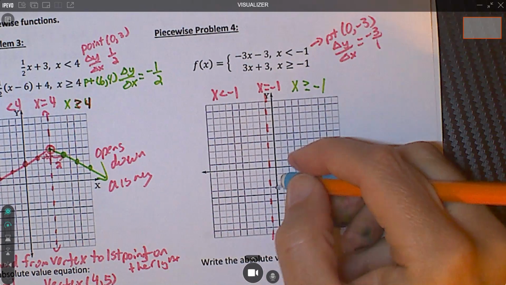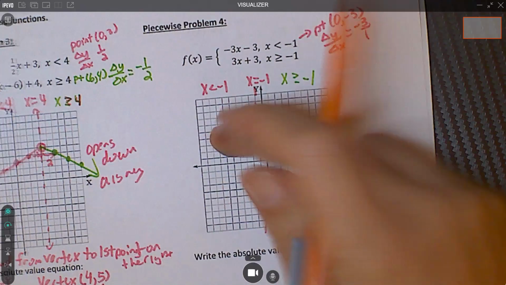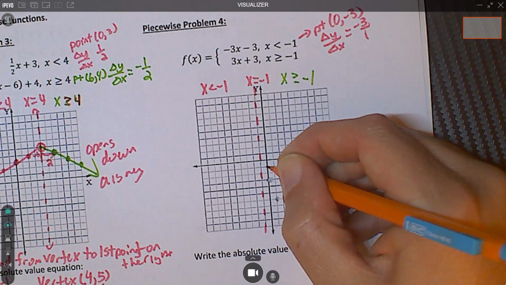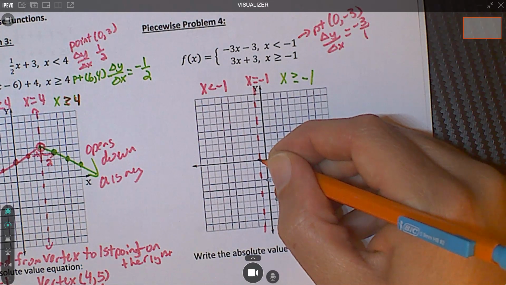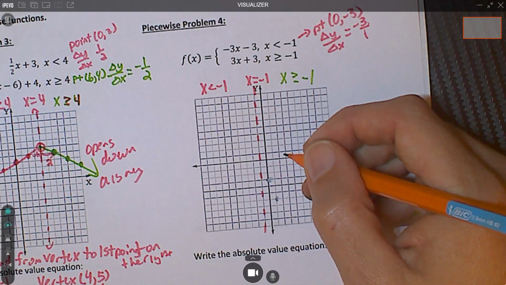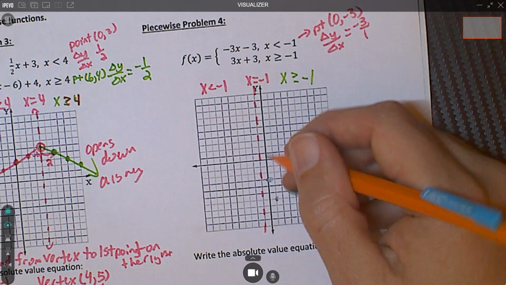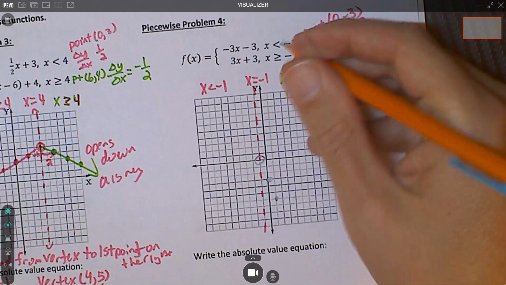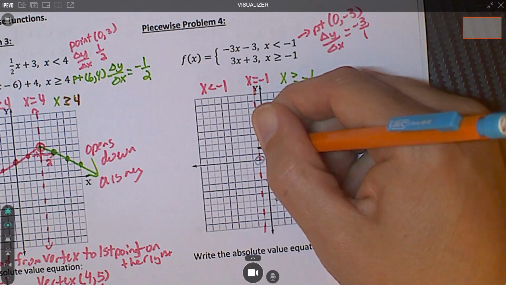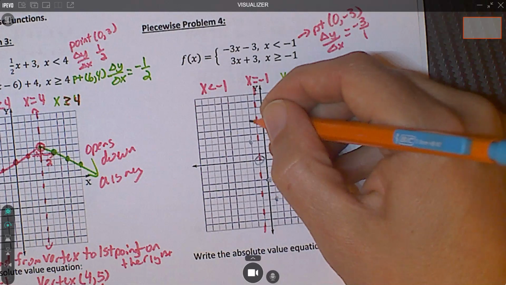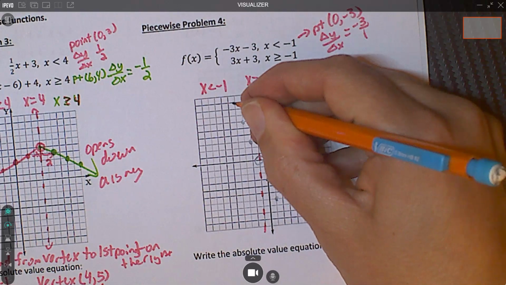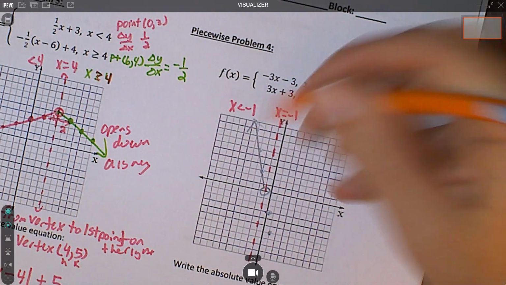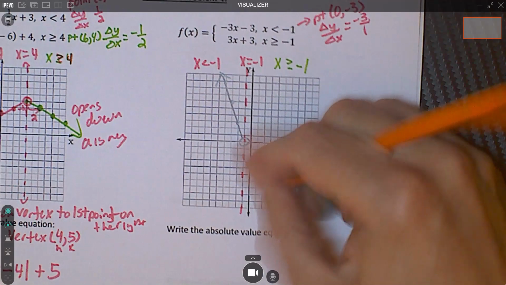Oh, we want this side. So down 3, right 1, or up 3, left 1. And it can't technically be 1. Technically it can't be there. But now we're going up. Okay, so we want all the x's that are less than -1 that way. So I'll just go back and erase those two.